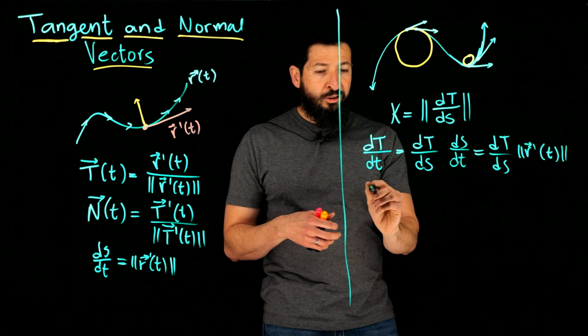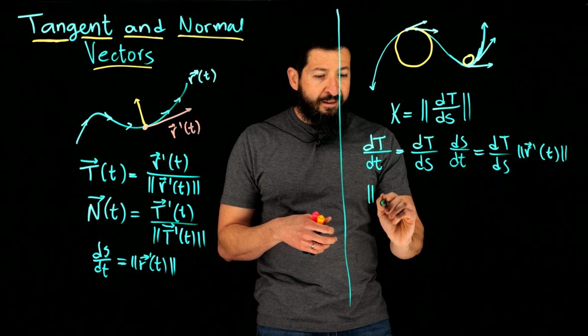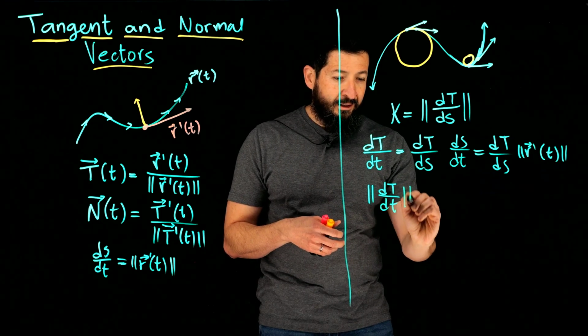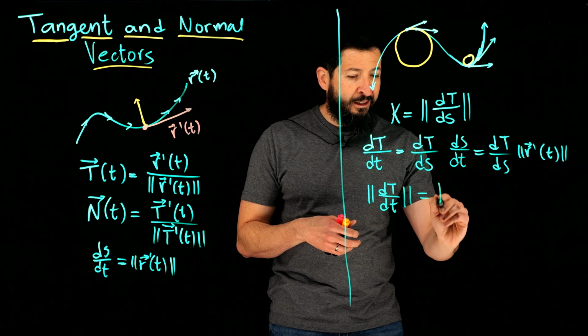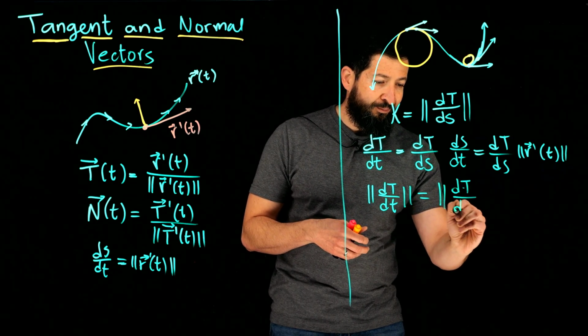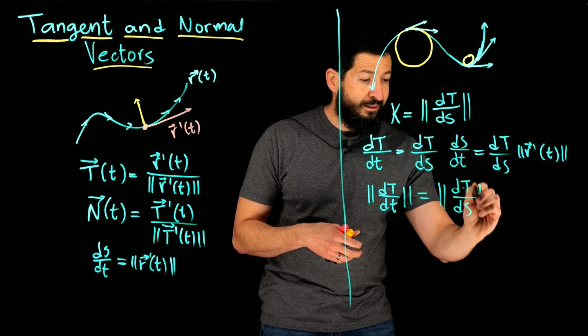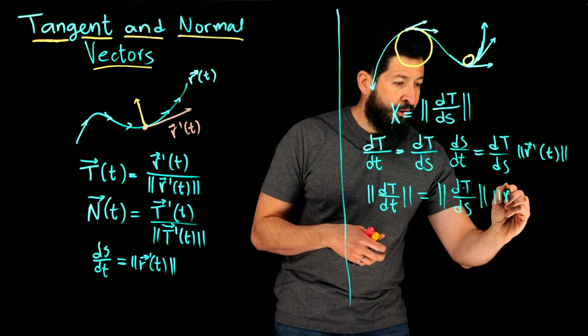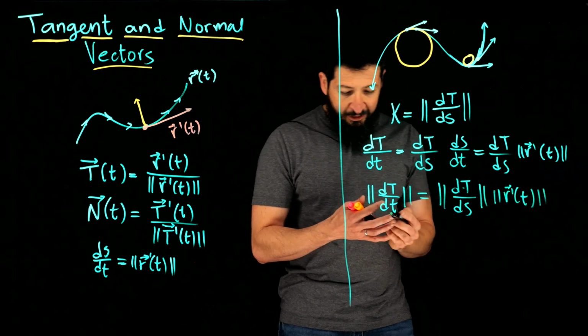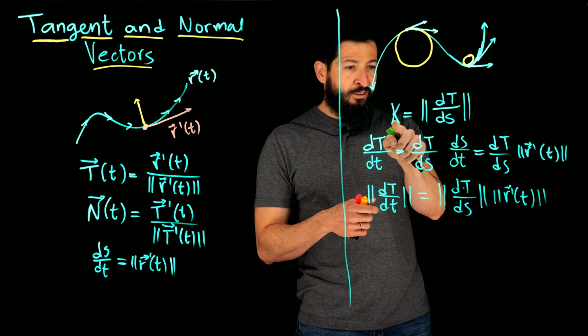Can pull out. So I can get that the magnitude of dT by dt is going to be equal to the magnitude of dT by ds, which is also known as the curvature, that's how we defined it, and then the magnitude of r prime of t. So now I can solve, and I can get one formula for this curvature.